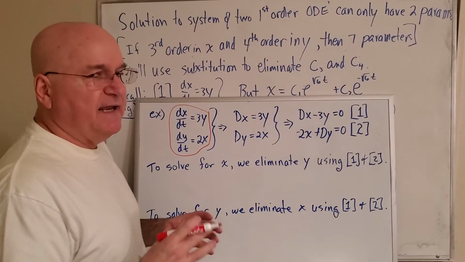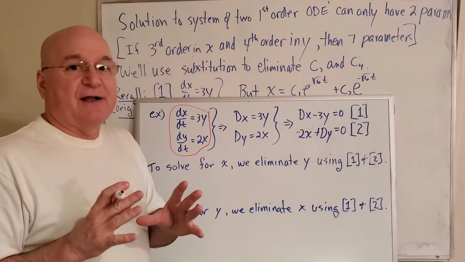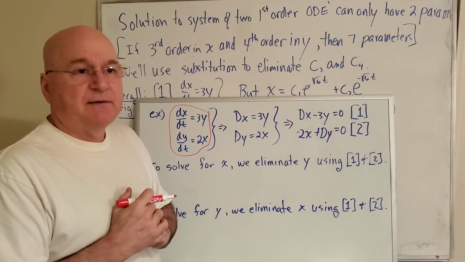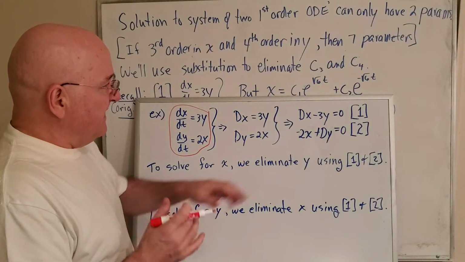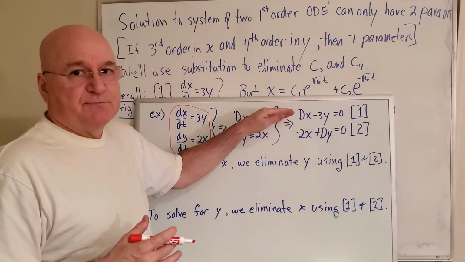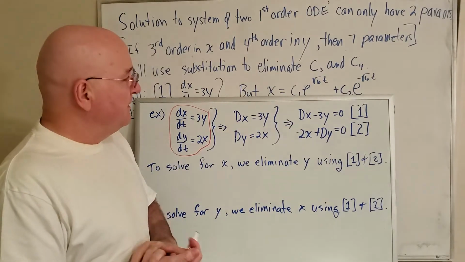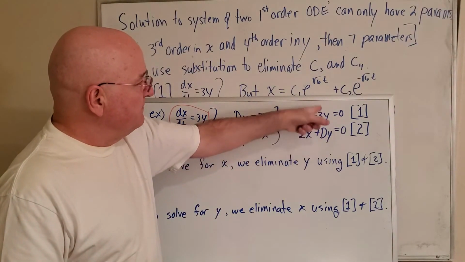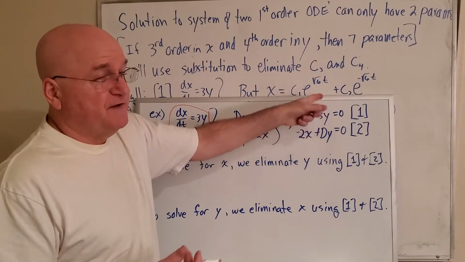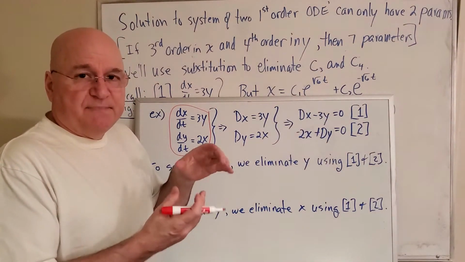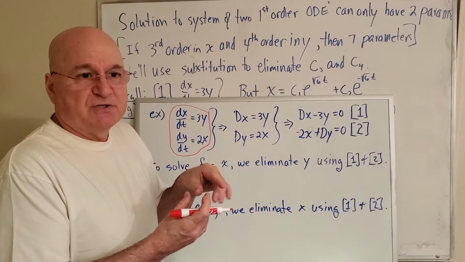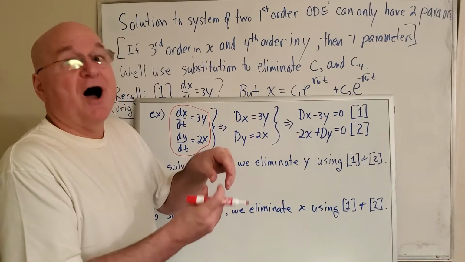If I want to eliminate y, remember what you're doing? Remember linear algebra, or even pre-calculus maybe, working with matrices? I need to multiply by a number or apply a differential operator to make essentially the coefficients of the y identical in the two equations. And by identical, I mean opposite of each other.